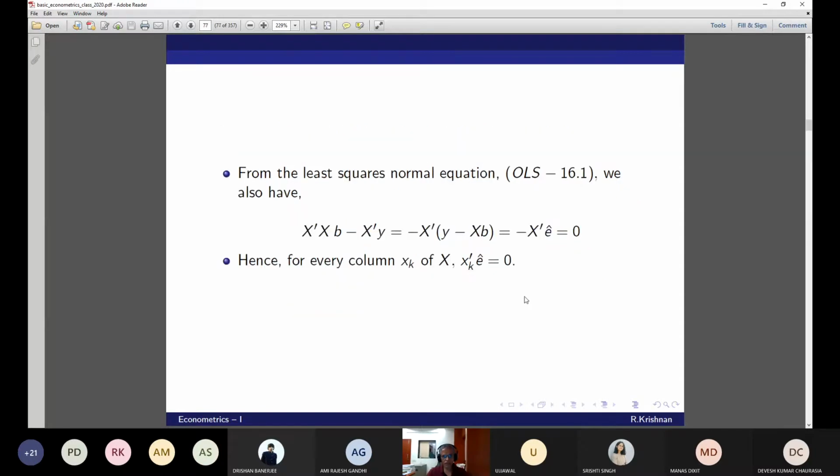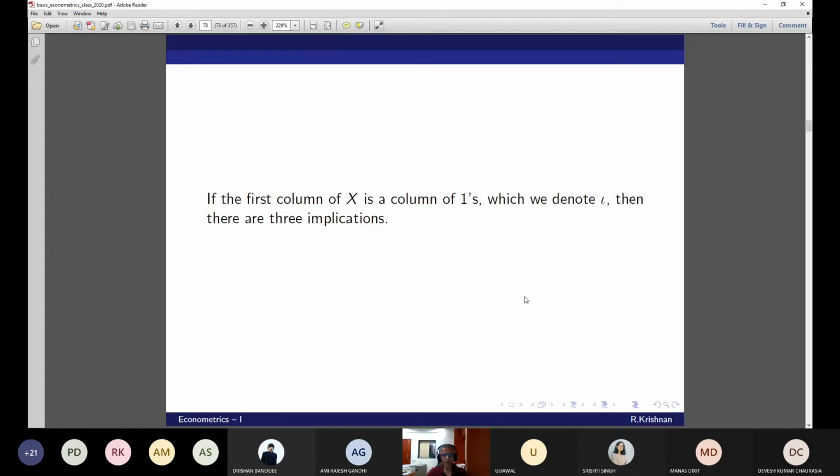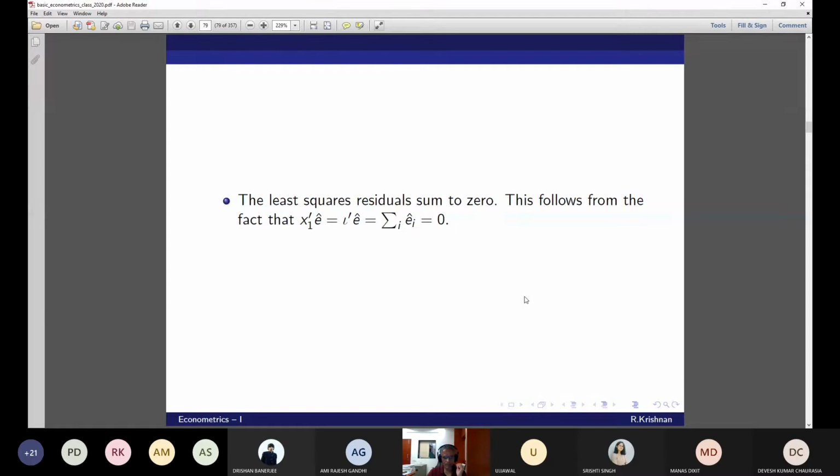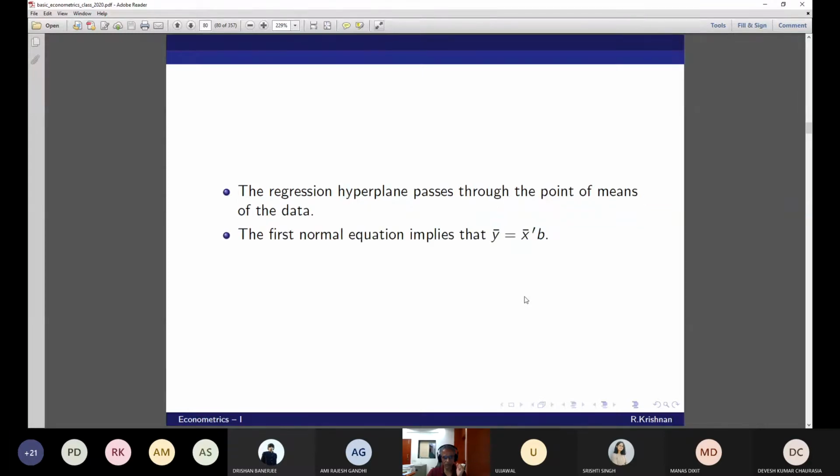From the least squares normal equations, we also have X transpose e equal to 0. So if the first column of X is a column of 1s, this implicitly means that the regression model has a constant term or an intercept term, which we denote iota. Then there are three implications. The residuals sum to 0. Another implication: the regression hyperplane passes through the point of means of the data.